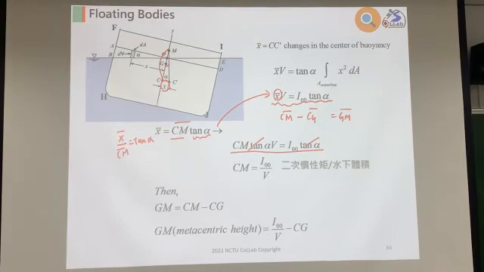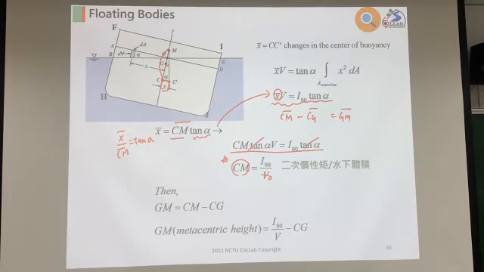And then finally, we know the CM distance is equal to the total second moment divided by the volume displaced into the liquid. Okay, so if you cannot understand what I said before, you need to keep in mind these equations.